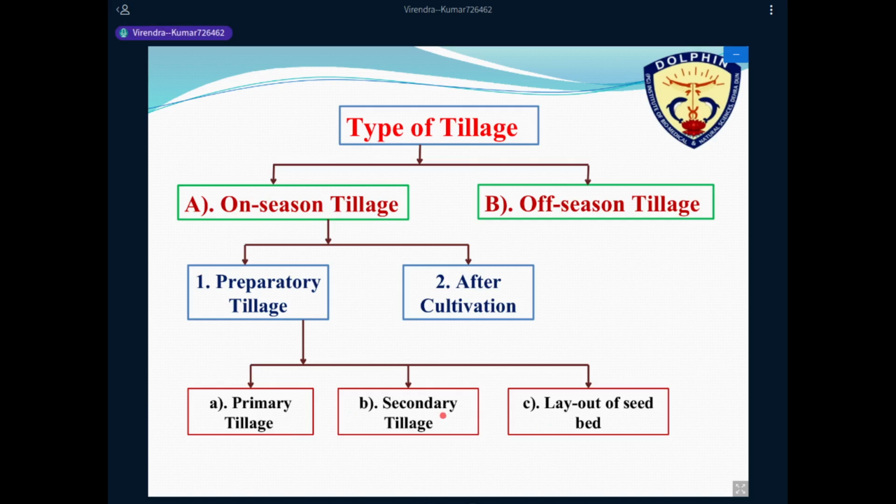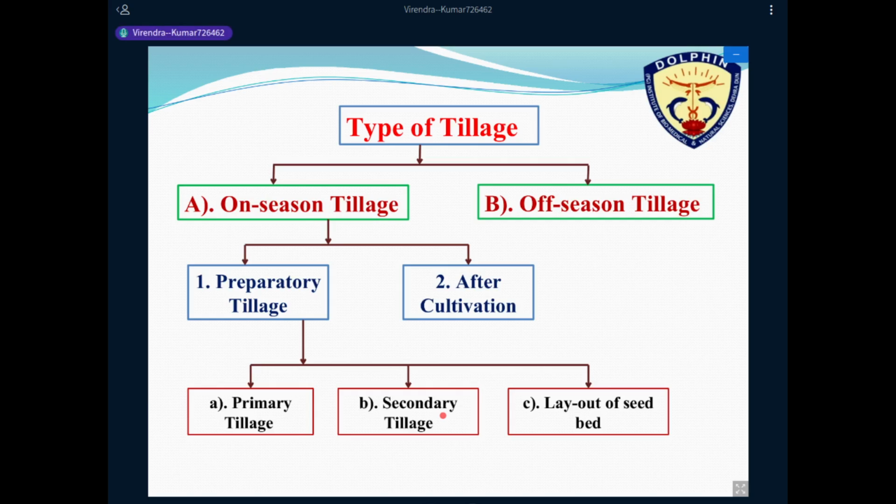Secondary tillage practices are mostly conducted after the primary tillage, and in them we create better tilth of the soil.